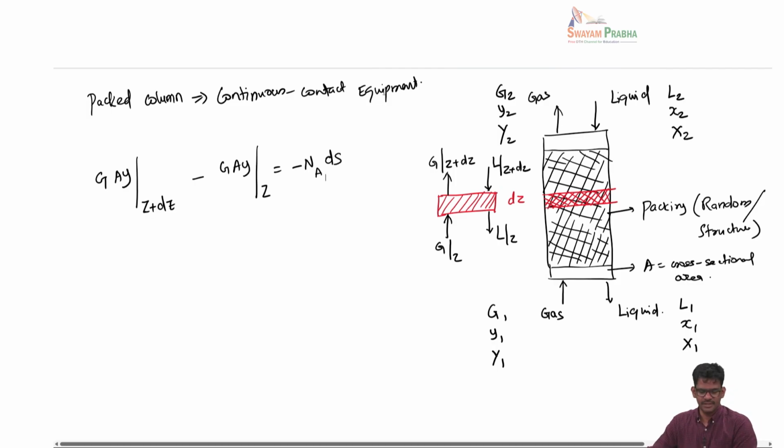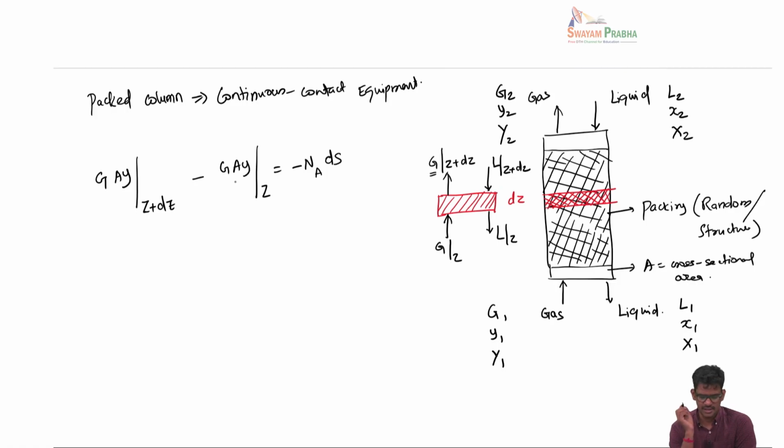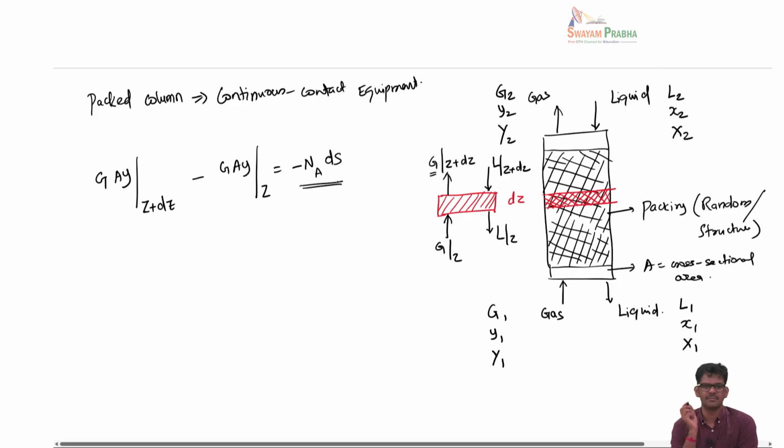So what I have done here is I am looking at the difference between the moles that are leaving at z plus delta z minus the gas that is entering at z. That should be the difference. The difference between these two should be the net mass transferred.